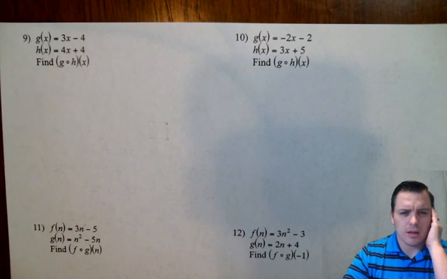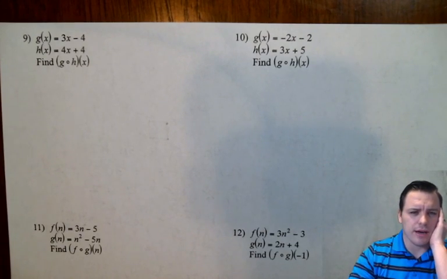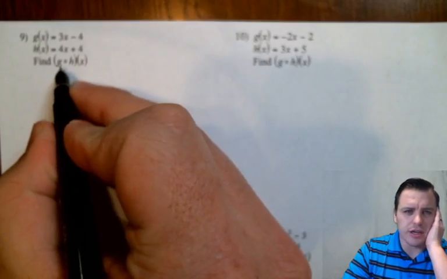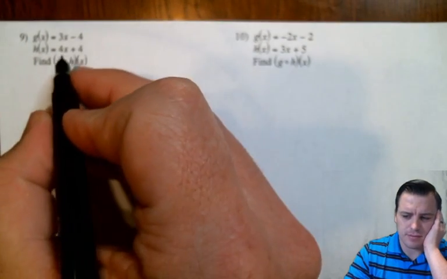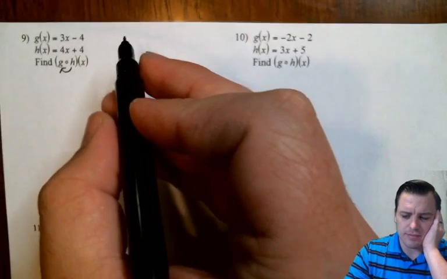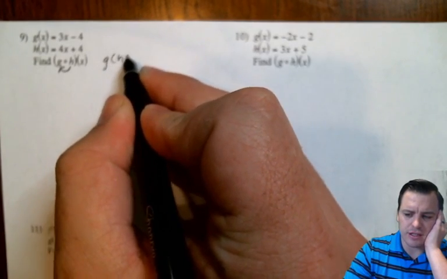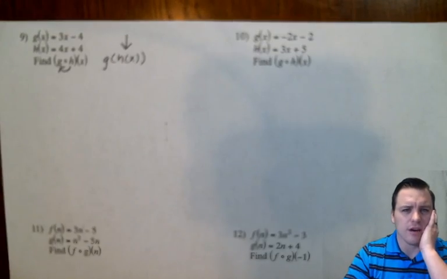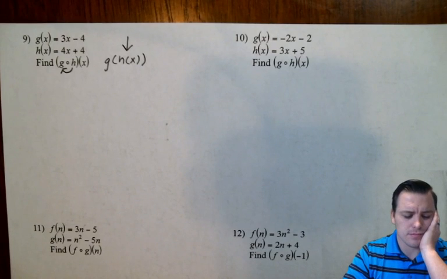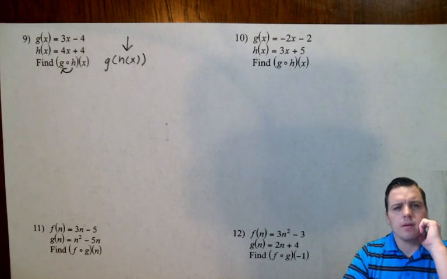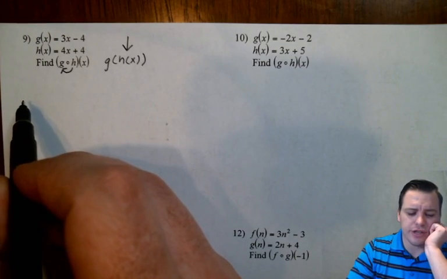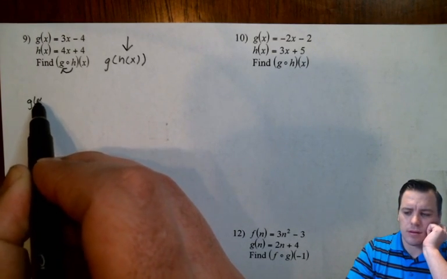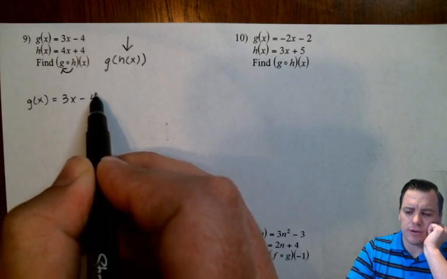All right? So literally what we're going to do, guys, notice here, it's g composed with h of x. So plug h into g. It would look like this, g of h of x. Think about it like that. We're putting h into the x of g. Okay, so I have g of x, which is 3x minus 4.